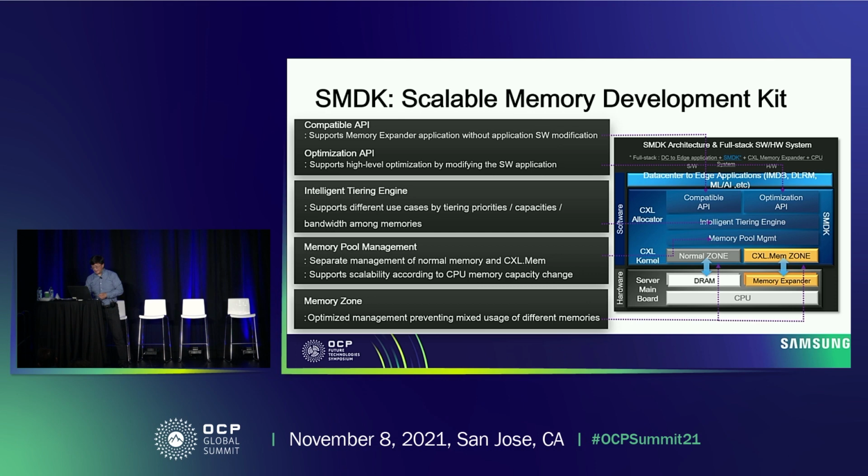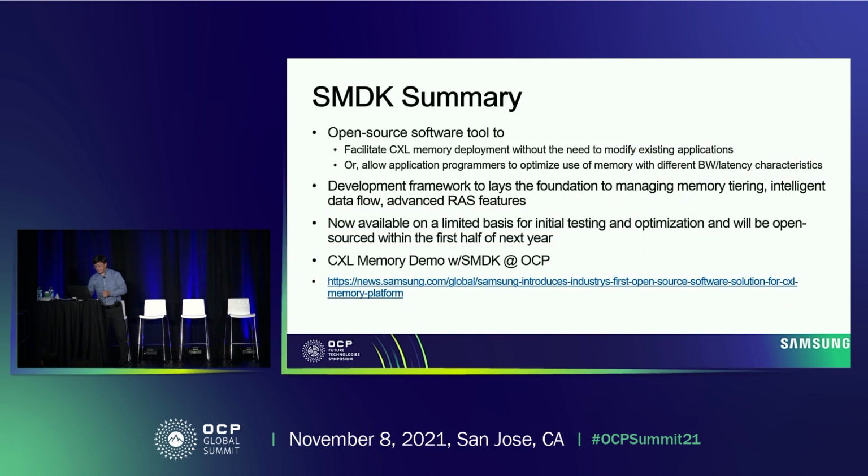Longer term we'll provide things like different types of tiering engines and different pool management. I won't go too much into it since I'm running out of time, but I think this is a framework to lay the foundation for memory tiering, intelligent data flow and advanced RAS features, okay?